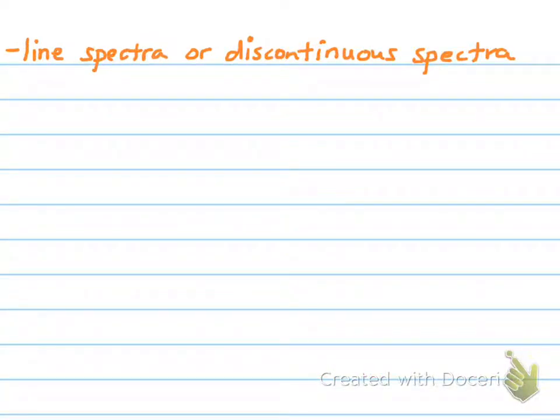So then what is a line spectra or a discontinuous spectra? Now the word discontinuous means not continuous. That means it's not going to look like the rainbow. It's not going to have all those different colors.